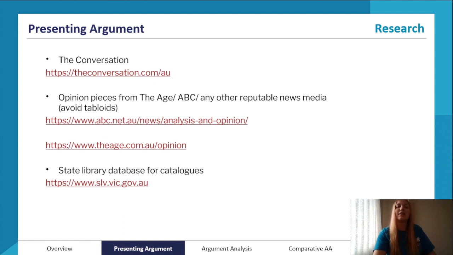So it's maybe some evidence, some statistics, or some expert evidence or quotes from these articles as well. What you can also do is type your topic into the search bar on Google, do a search and go into the news section and see lots of articles come up in one place. However, try to stick to more reputable news media and avoid tabloid articles as well.